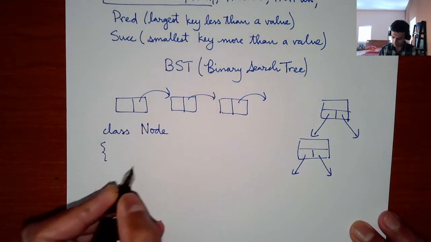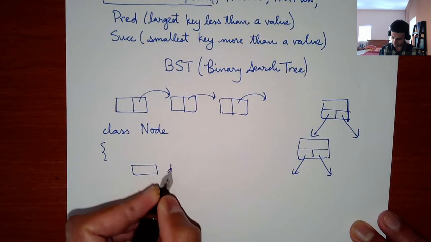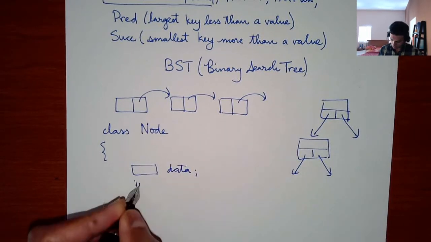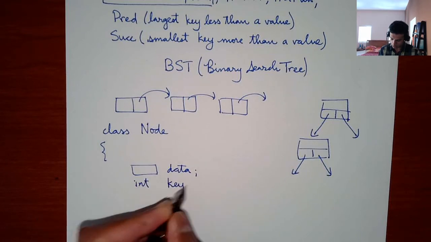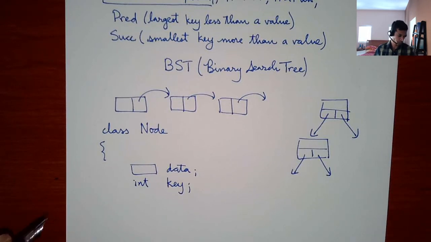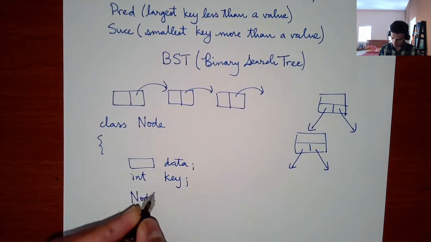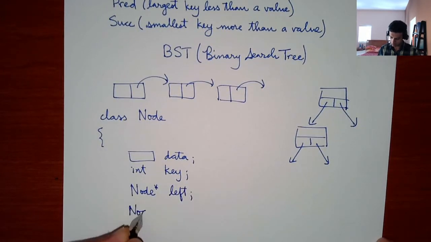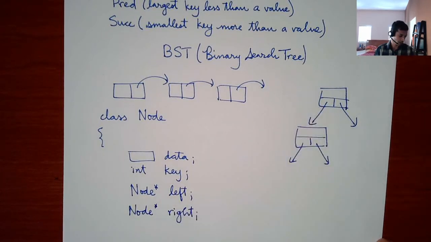So for a node in a binary search tree, I'm just going to give you the definition. You'll have some object type data, which could be anything. It's convenient to think of there being a key which is separate from the data. The key is what you are using to search. And then it has 2 pointers called left and right. This is the left child and the right child.